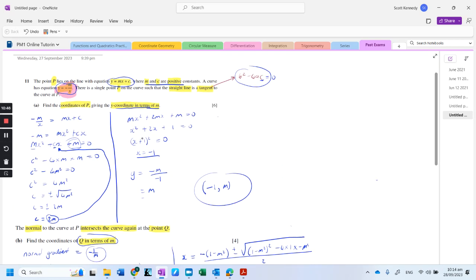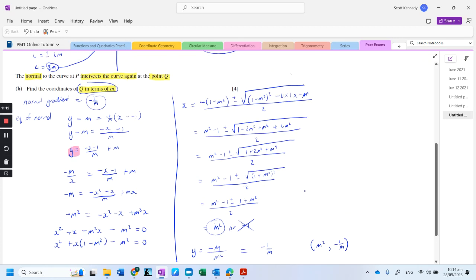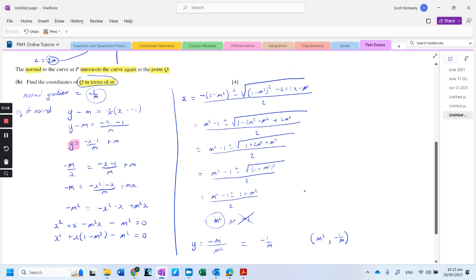So we're going to use this curve equation again, minus m over x. So minus m, now our x value we've just found to be this, over m squared. So this should be minus 1 over m. So our x coordinate therefore is m squared, and our y coordinate is minus 1 over m. I think that should be it. It's a bit of a tricky one actually. All right.